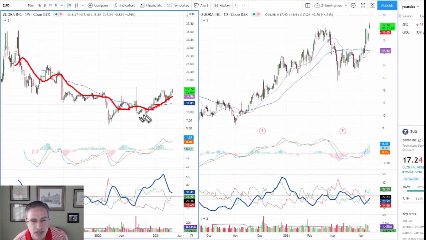So if we look at what this moving average is doing, now it's rising, and so is the 40. In fact, if you looked at the 40 alone, you can see that it was declining and now it's rising. We don't have enough history for it to go all the way back, but basically all this history it was declining and now it's rising. That's another way to look at it from a trend standpoint.